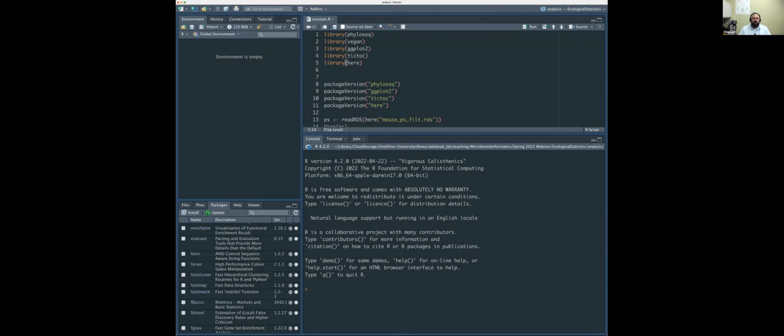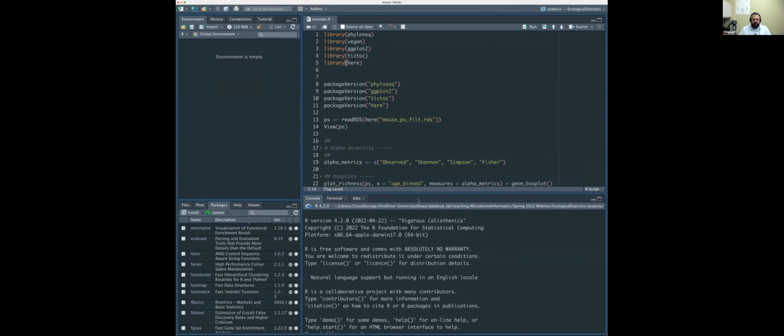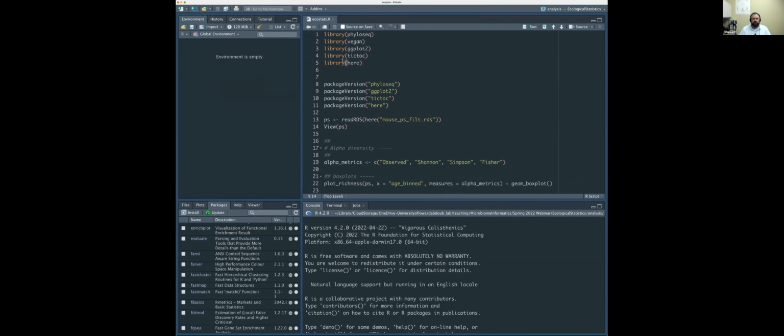and to explain, as I said, some R libraries will have the same method names. And so when you use the library function here, you're essentially importing all of the function names from each of those libraries into your global environment.